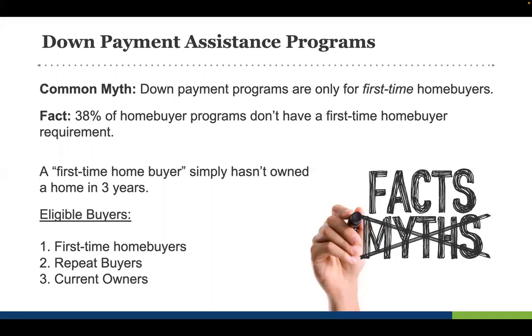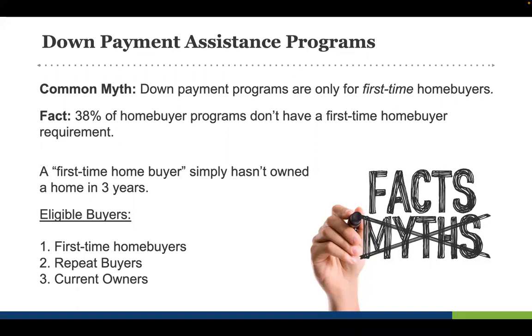And it's also important to acknowledge the definition of a first-time homebuyer when it comes to down payment assistance. If you have not owned a home in the most recent 3 years, you are a first-time homebuyer for the purpose of down payment assistance. That means that some DPAs might be available not just to first-time homebuyers, but also repeat buyers or even current owners in many circumstances.